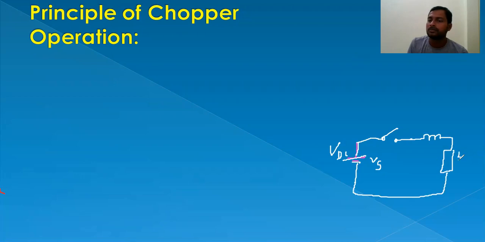This is the load, and this is the series inductor. This is nothing but the chopper switch, and this is nothing but FD, the freewheeling diode.